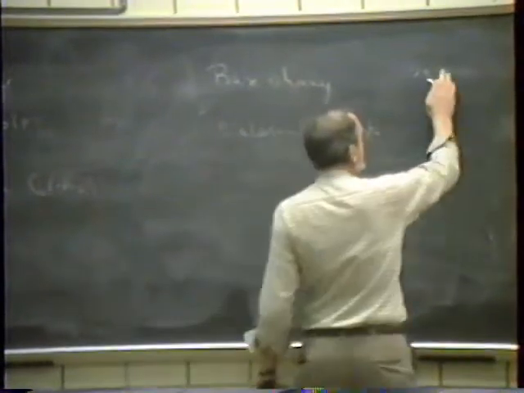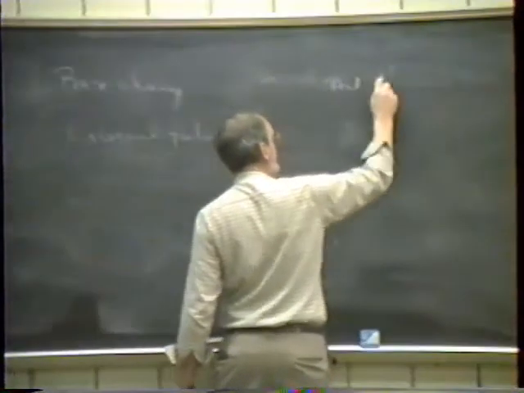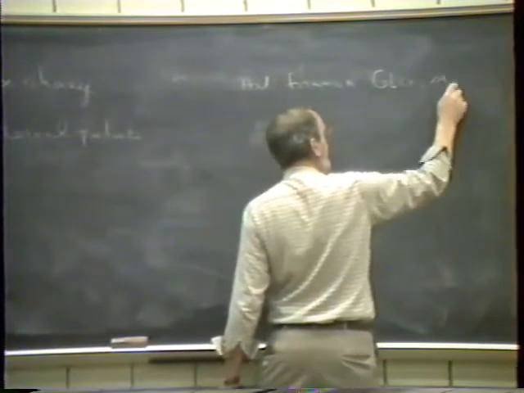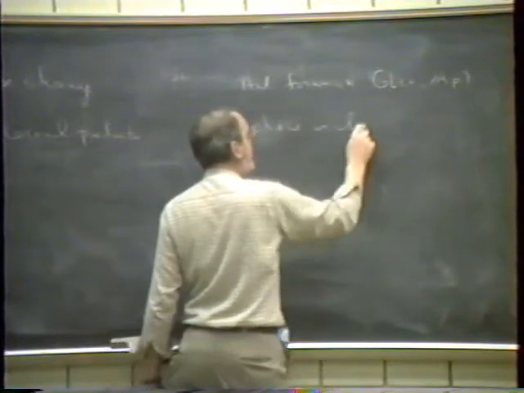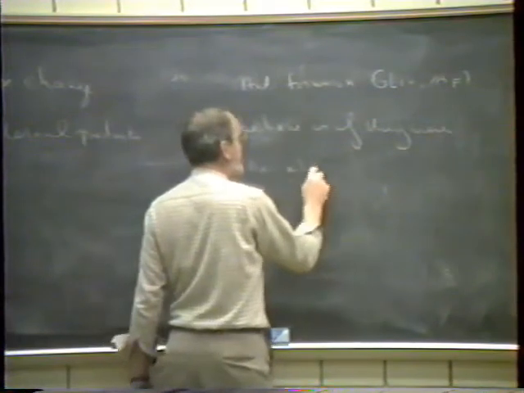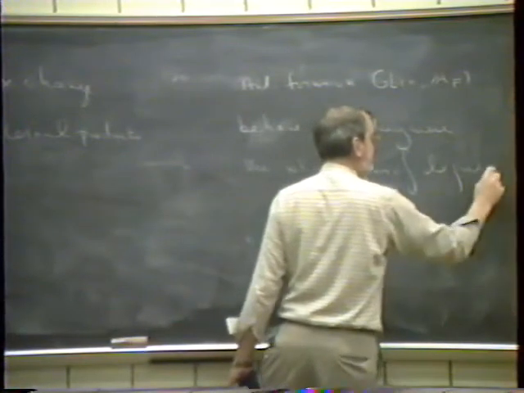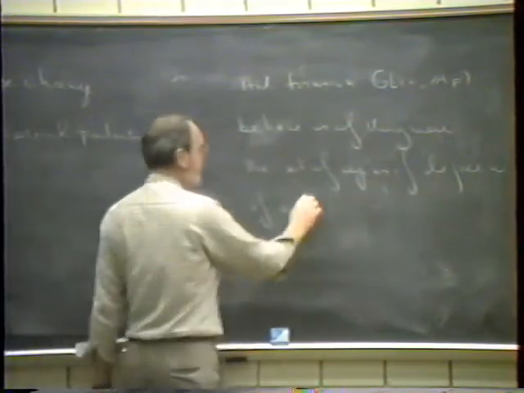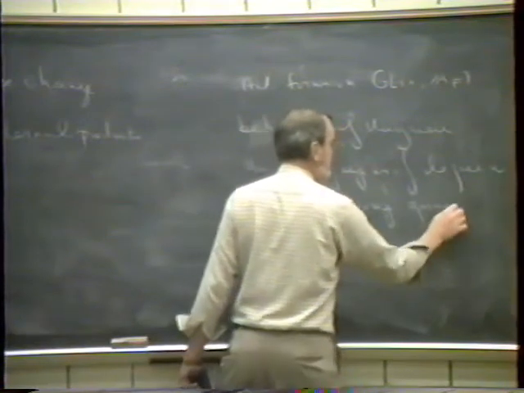It means that automorphic forms on GLN of AF behave as if they were the set of representations of degree n of, say, a group, let's say locally compact group LF.